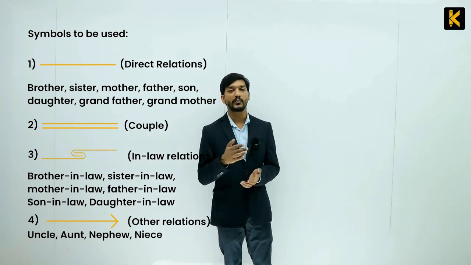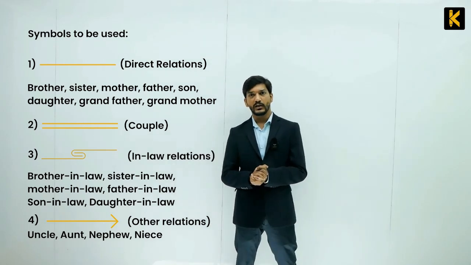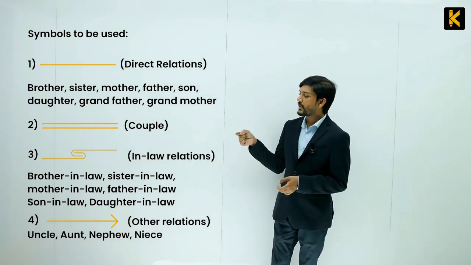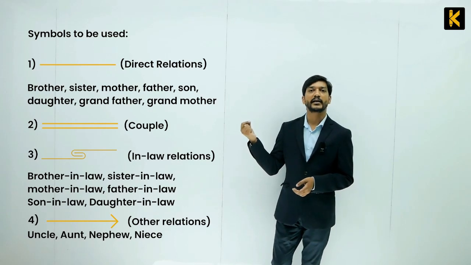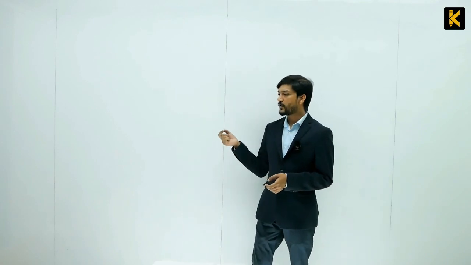So we will understand about it. So let me show first how this symbol is taking care of all. Okay. How this symbol is taking care of all will be clear once you take the generation gap in drawing the diagram.